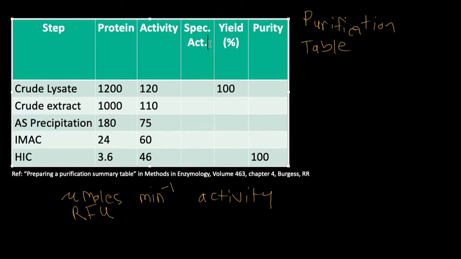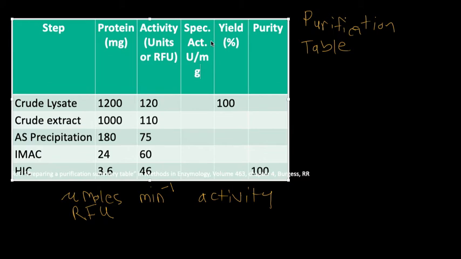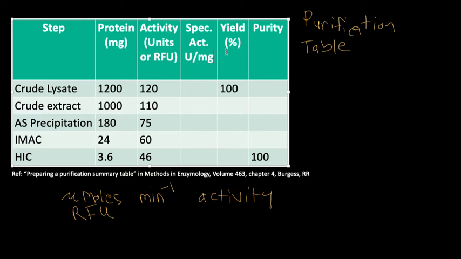Here, our protein is going to be in milligrams. Put some parentheses around that. And then the activity is going to be in units, or RFU. So the specific activity is basically the units per milligram of protein. Let me adjust that a little bit. Okay, so those are the first columns.